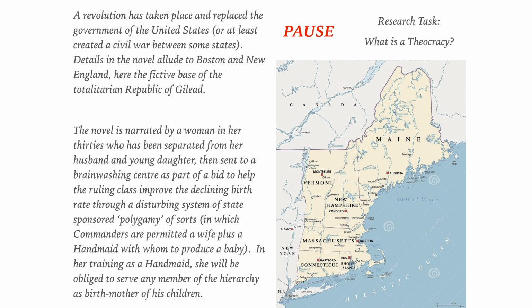Details in the novel allude to Boston and New England, Massachusetts, which is here the fictive base of the totalitarian Republic of Gilead. If you look at this real map of the US, or at least the northeastern US, you can see the border with Canada, and you can see the northeastern states of Maine, Vermont, New Hampshire, Massachusetts and Connecticut, along with Rhode Island.